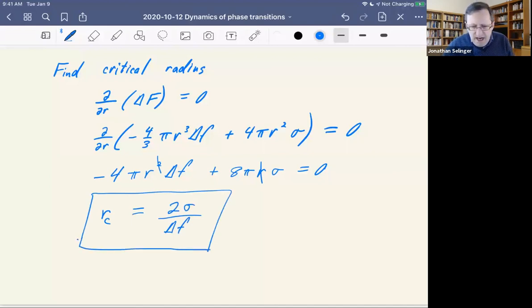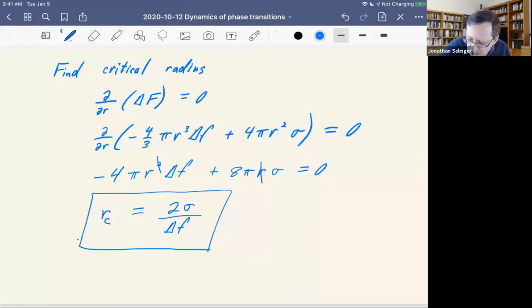So it depends on the competition between the surface tension, that is the energy per area, and the free energy that's gained by converting a volume from the old phase to the new phase.